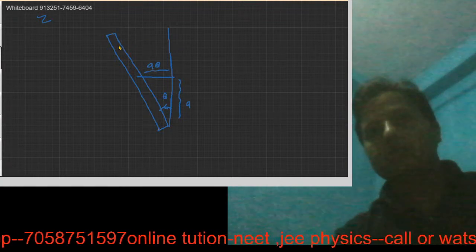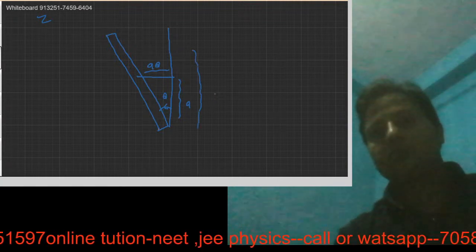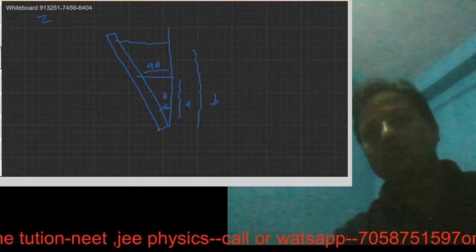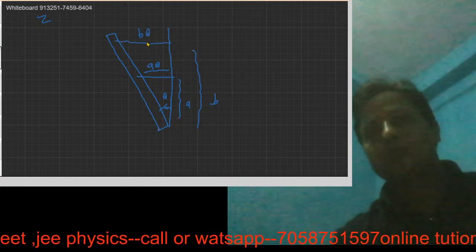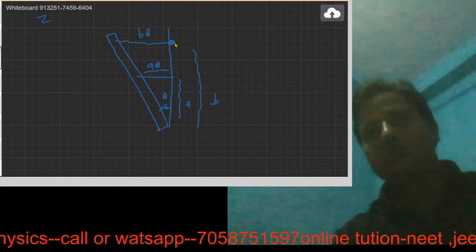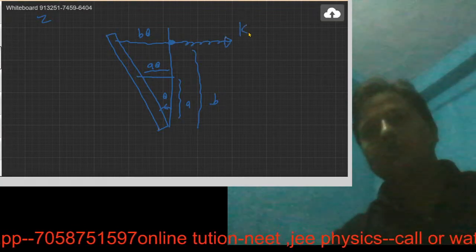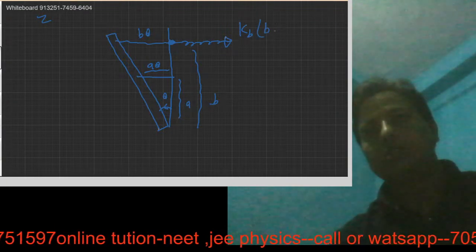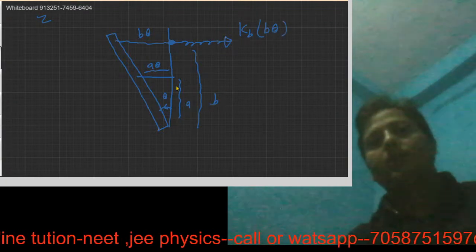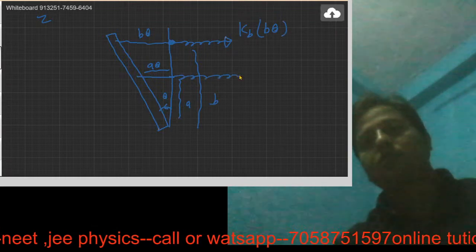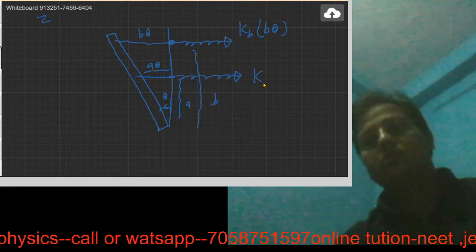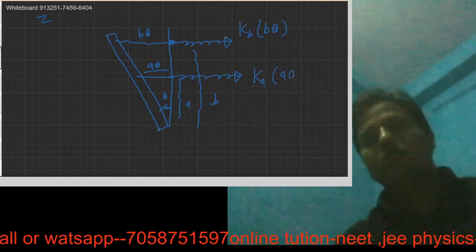And this distance is B, so this length is B into theta. So here the force applied by the spring is Kb into B theta, and here the force applied by the spring on the rod is Ka into A theta.